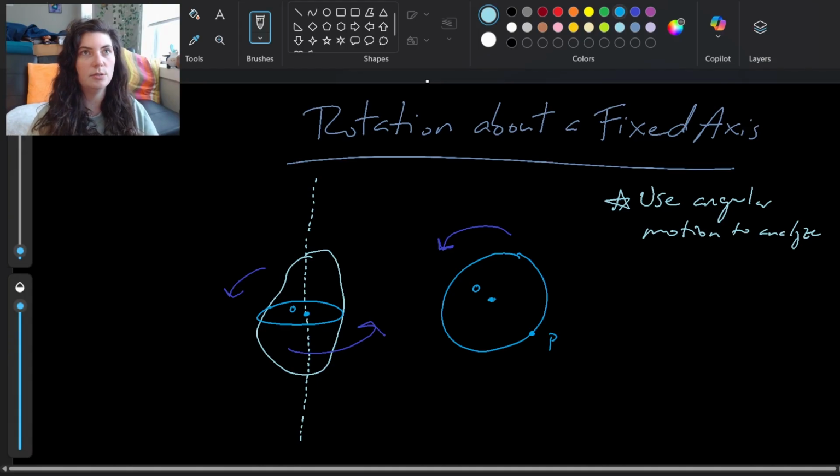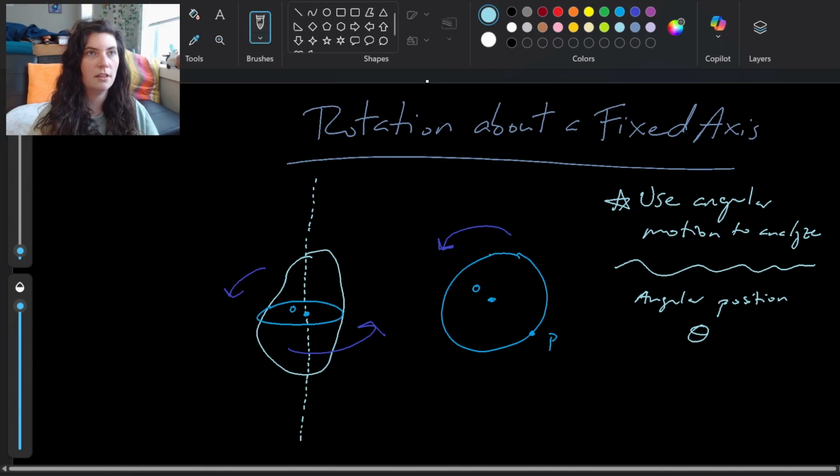Our angular position is going to be defined by theta. If I have some radius R of this disk from O to P, as this disk is turning, it's going to be rotating through some angle theta.